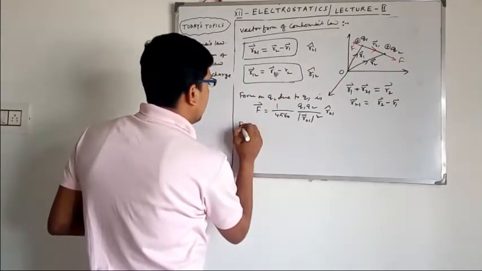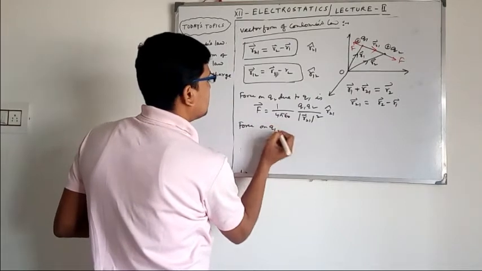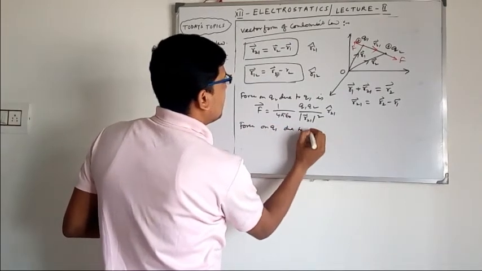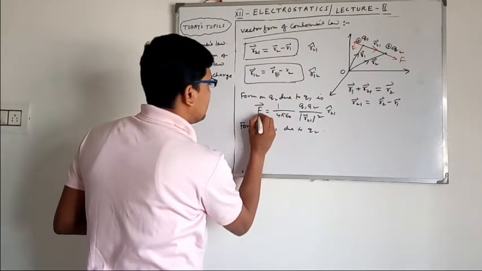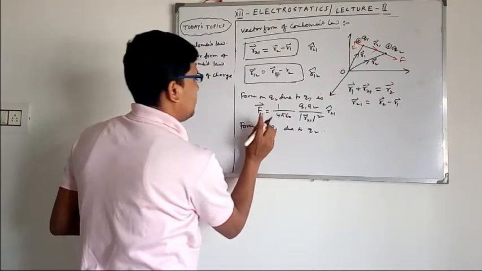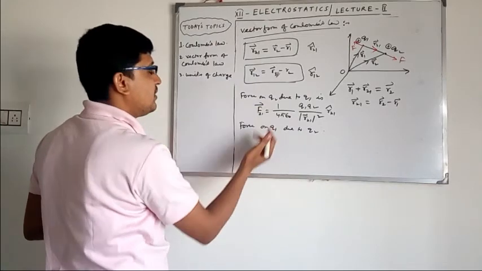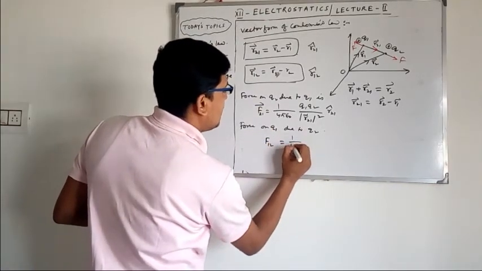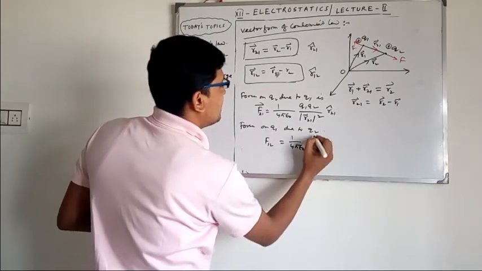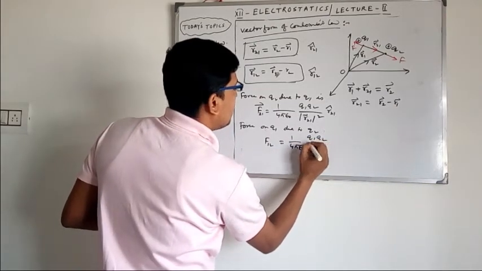Similarly, force on Q1 due to Q2 will be, and this is represented by F12. Similarly, F12 is equals to 1/4πε0 Q1 Q2.